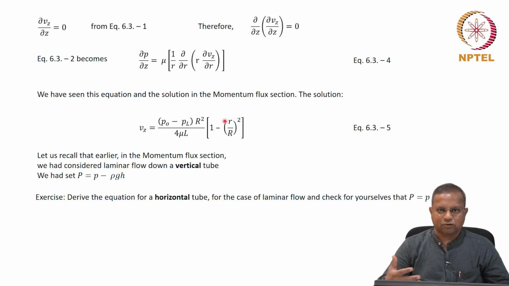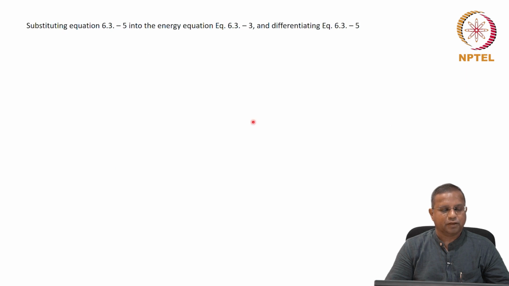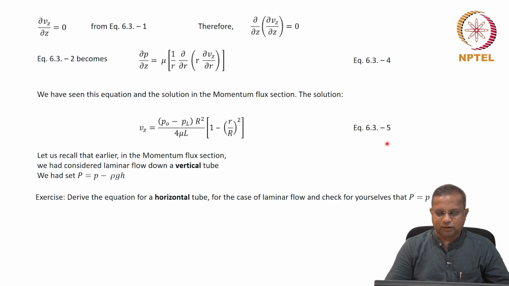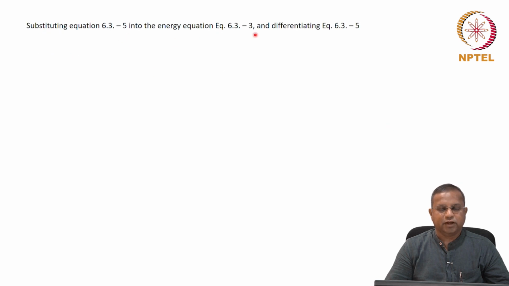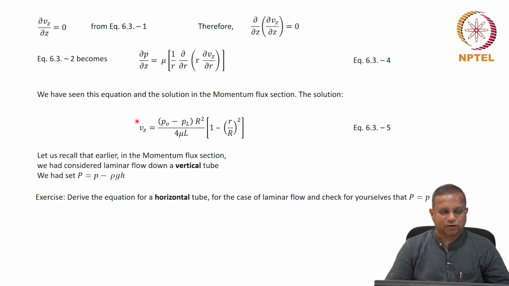That's a simultaneous solution, right? So, we are making use of all the applicabilities one after another, at the same time. Now, if we substitute 6.3-5, the velocity profile here, into the energy equation that we had, you need to differentiate this because we have a dou Vz, dou Z term.